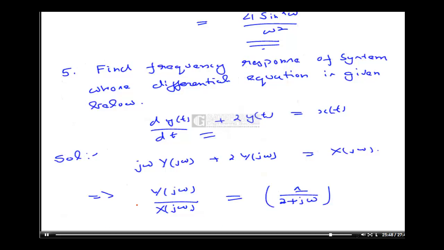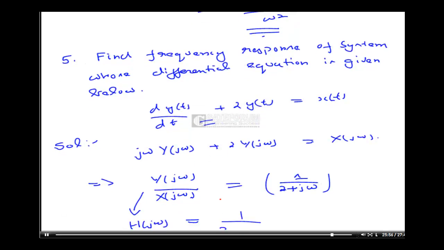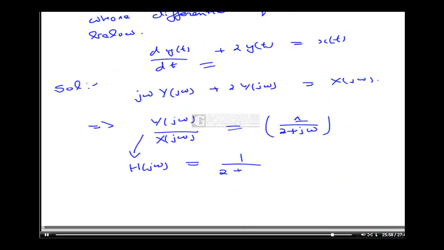Okay, this term is H of j omega, equal to 1 upon 2 plus j omega. Now we have to find the inverse Fourier transform of this, which is h of t equal to e to the power minus 2t u of t. Okay, this is the frequency response, and this is the impulse response of that.